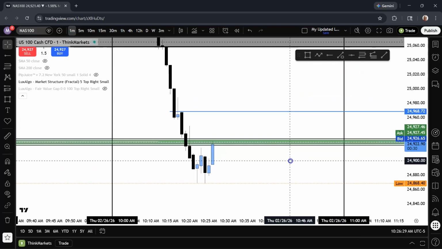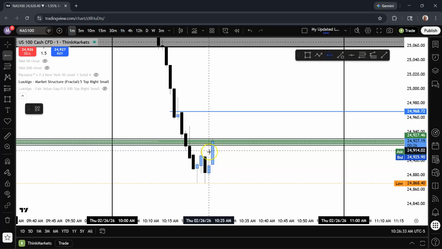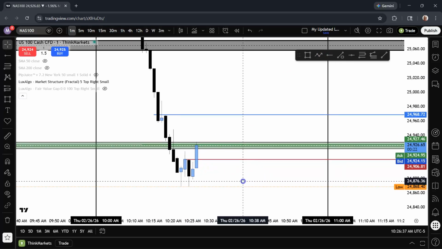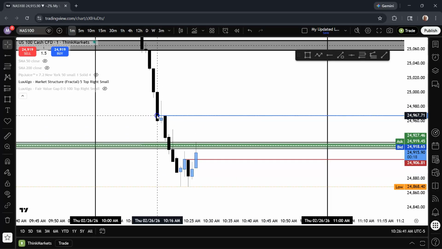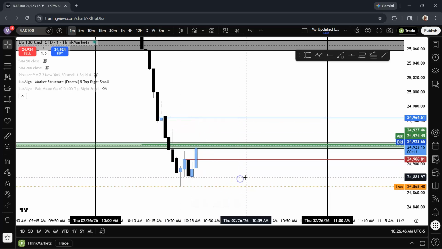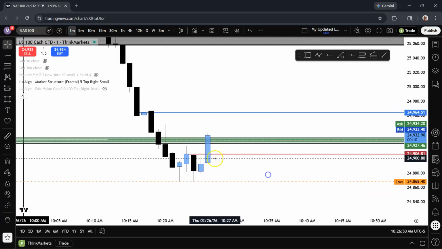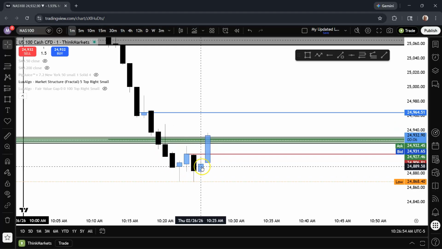Okay, so here we go. We have a market structure shift that happened right here. All right. Now I anticipate another market structure shift happening above this candle here, because this bullish engulfing candle engulfed all these candles here.